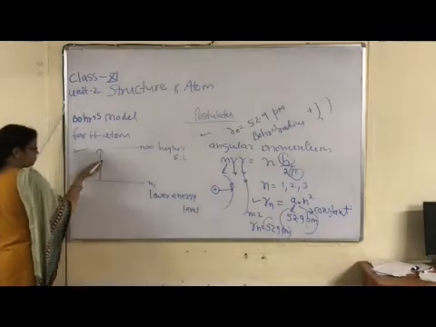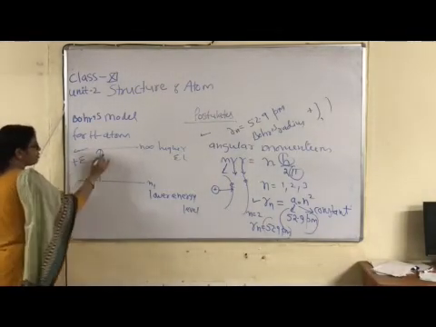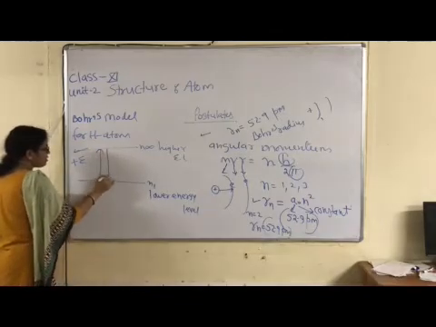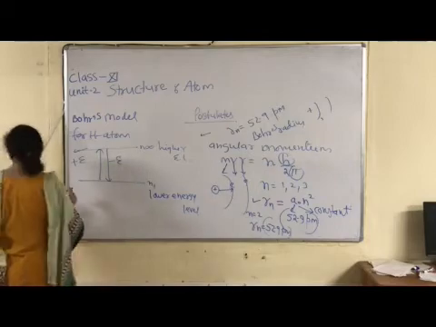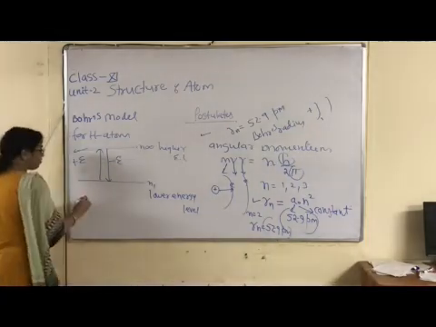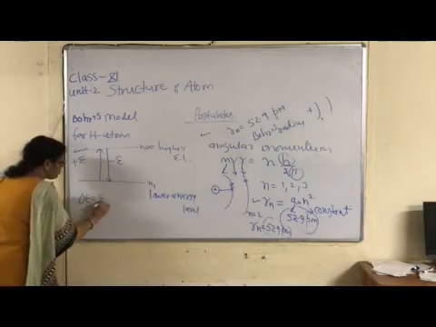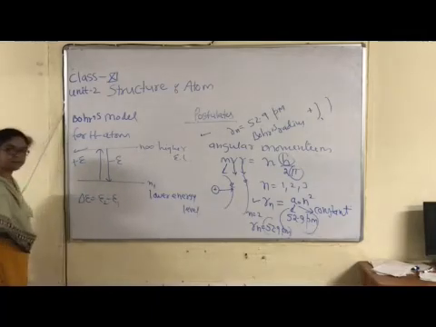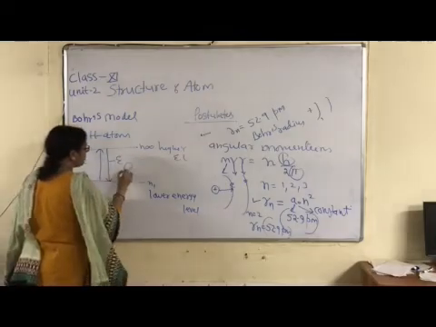In the forward direction, energy is absorbed, its sign is plus E. In the reverse direction, the same amount of energy is lost, its value is negative. Then this difference of energy is given as delta E is equal to E2 minus E1.